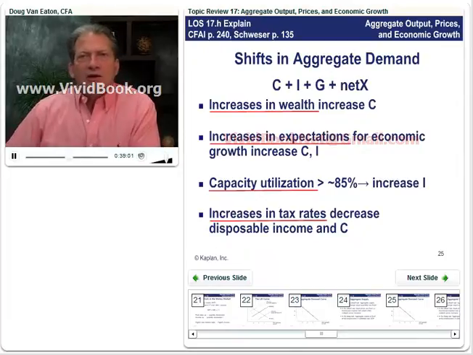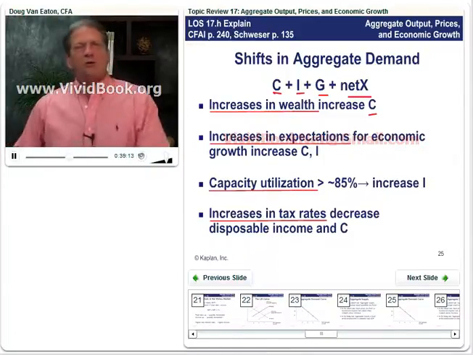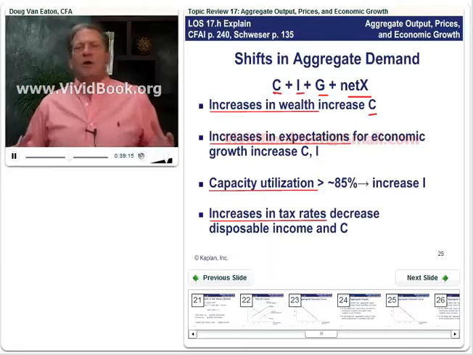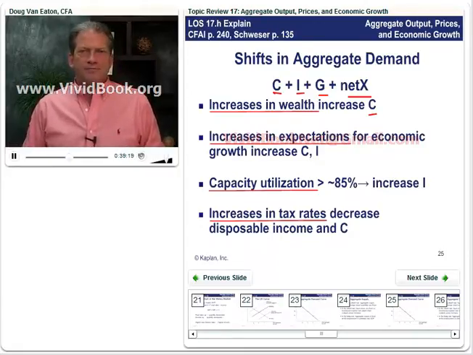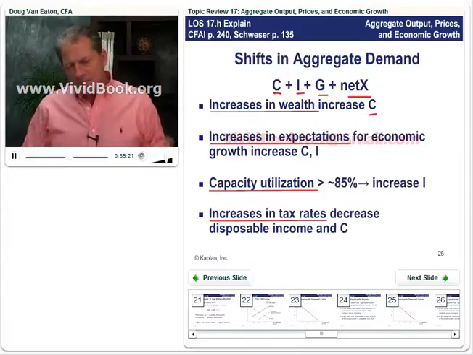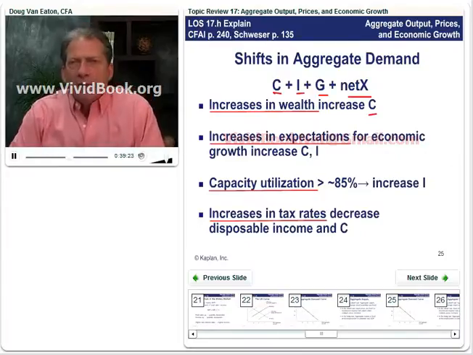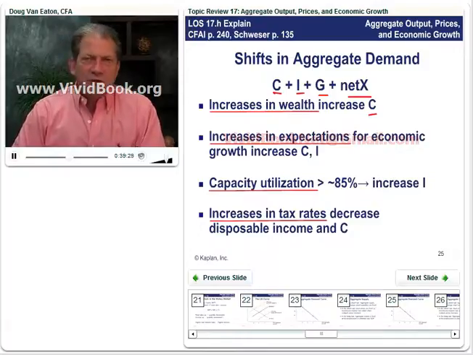Shifts in aggregate demand. Well, now we can look at these various pieces and know what's going to shift aggregate demand. Increases in wealth increase consumer spending. When consumers feel richer, when the prices of their houses are going up, they feel richer, they spend more. If individuals' expectations or business expectations for economic growth increase, that's going to increase aggregate demand.